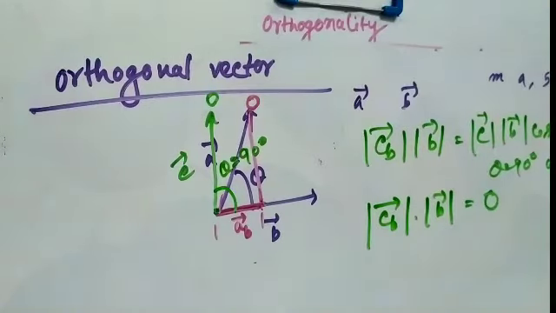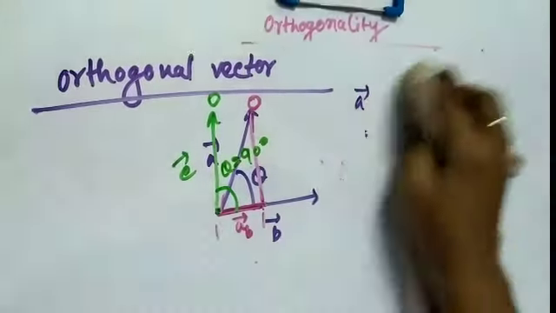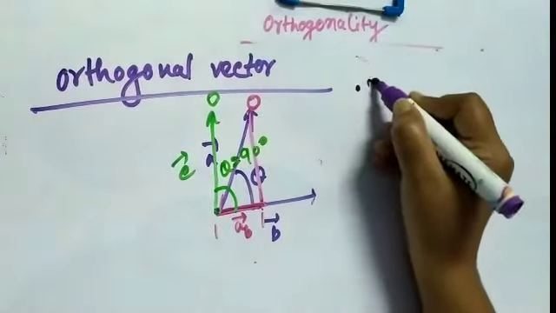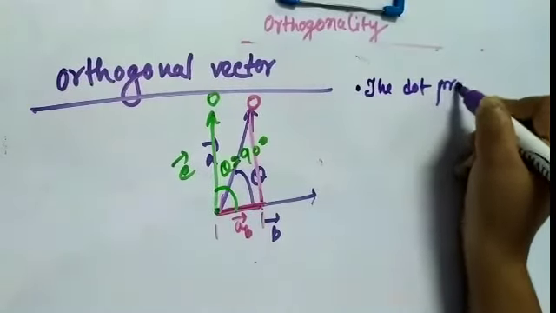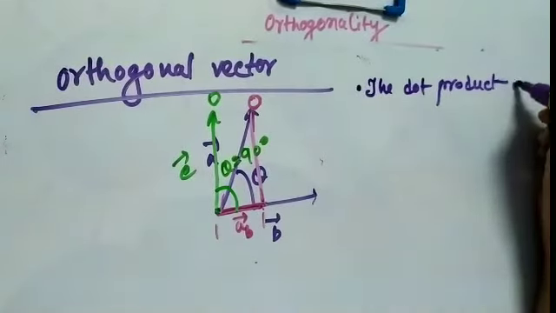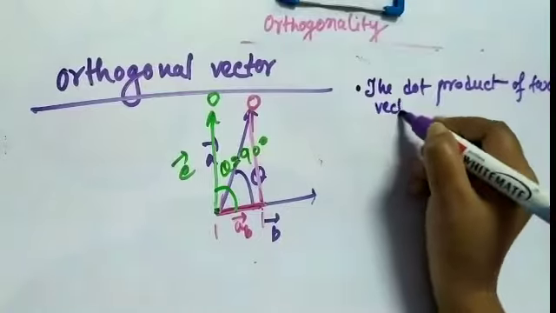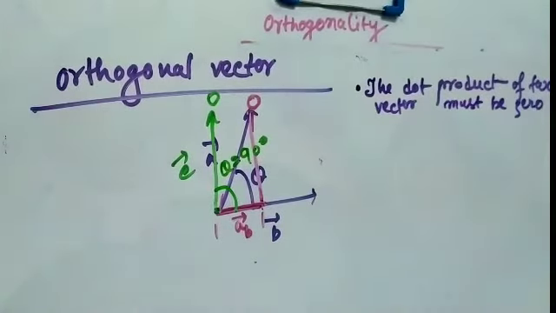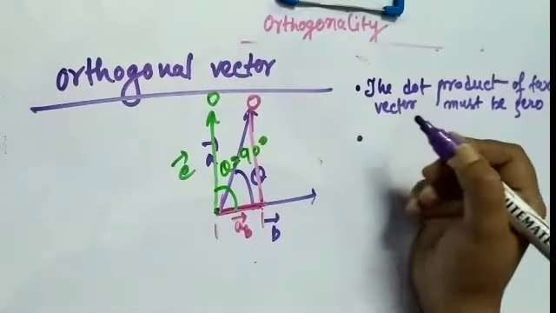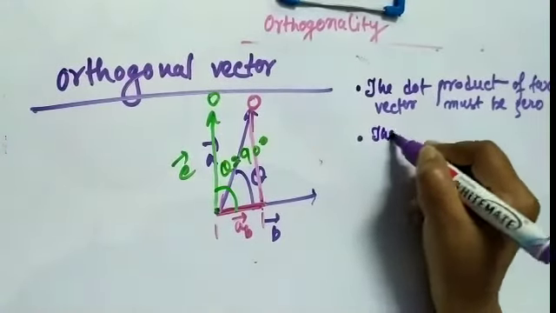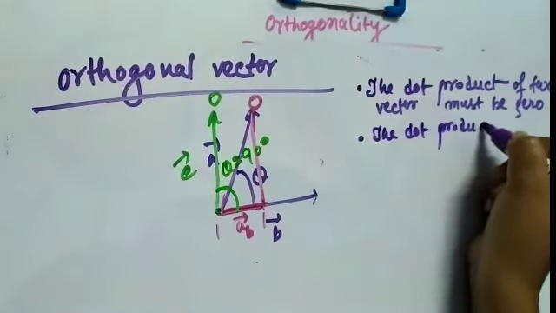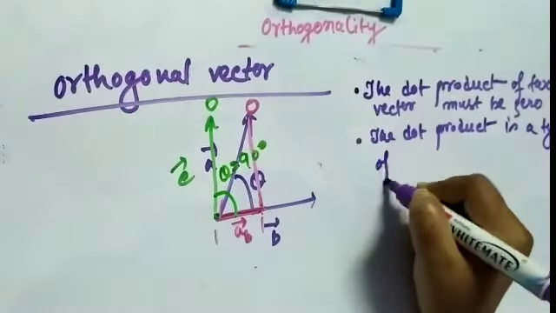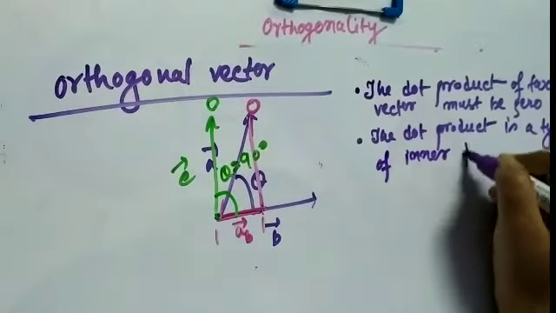So the property you have to remember is that, number 1, the dot product of two vectors must be 0 for orthogonal vectors, and number 2, the dot product is a type of inner product.